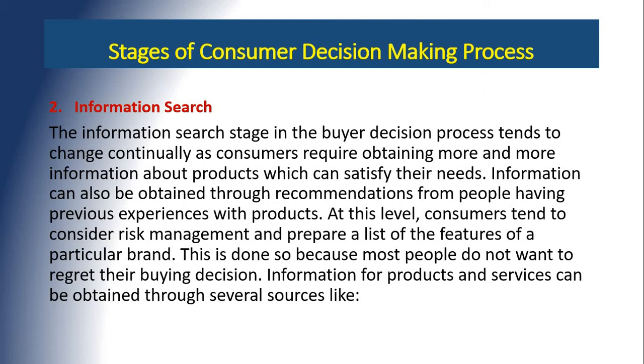They can get information or recommendations from families, friends or other peer groups who have past experience with a particular product or service, because consumers normally consider risk and want to manage that risk, so that they do not regret what they buy.